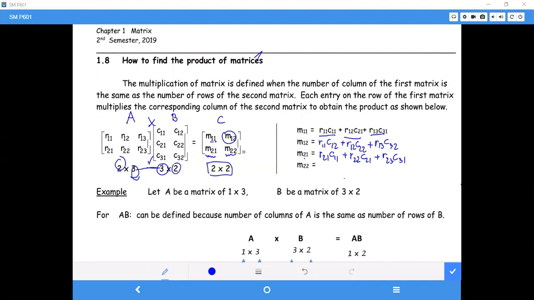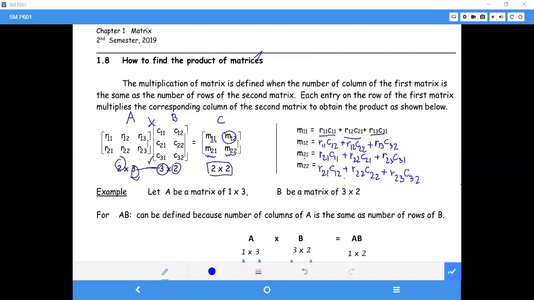This one, M22: you go R21, C12, added with R22, C22, added with R23 and then C32, something like this. So kind of complex, right? But actually quite easy. This one looks complex because I use symbols.